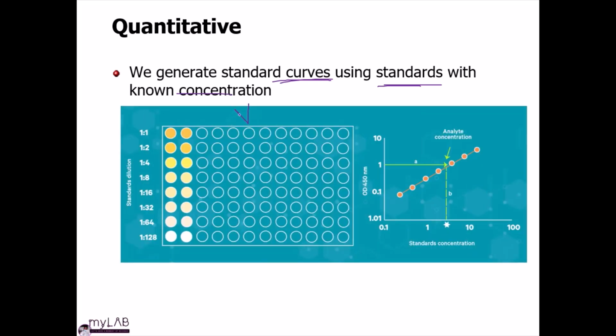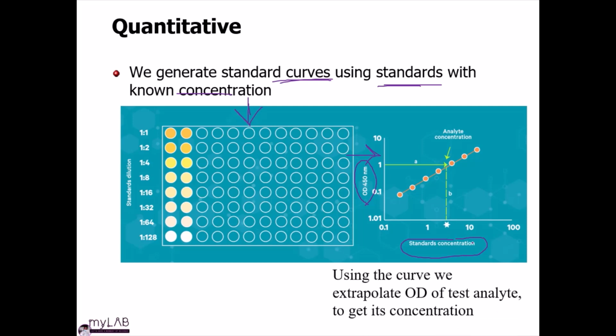Here is an illustration of how we make the standards dilution, and then from there we plot the standard curve, that is optical density at 450 nanometers against standard concentration on the x-axis. Now, once it comes to the analyte, we will also read optical density at 450 nanometers and extrapolate from the graph here.